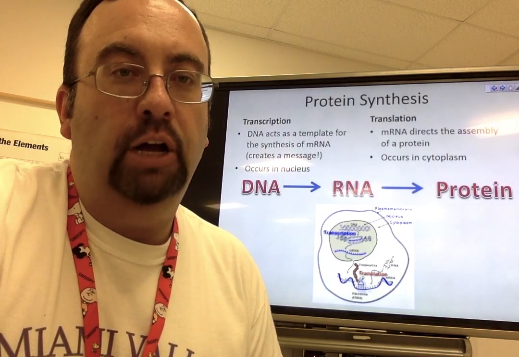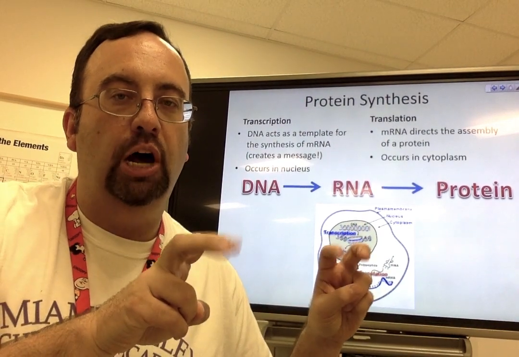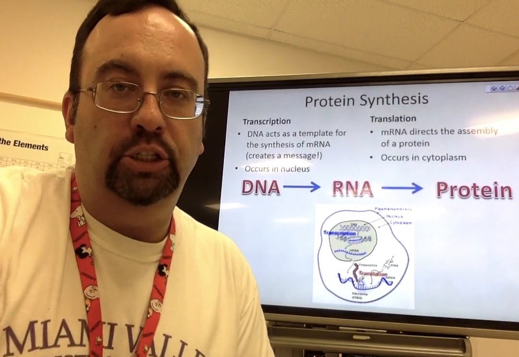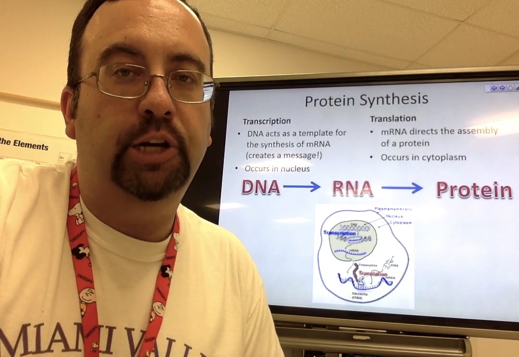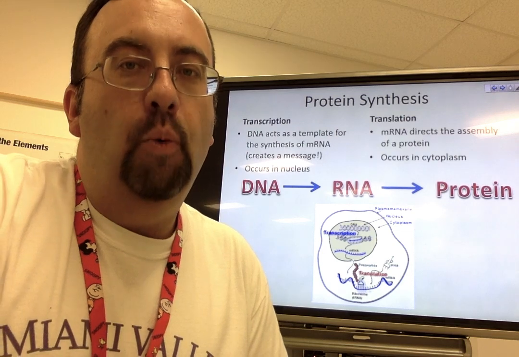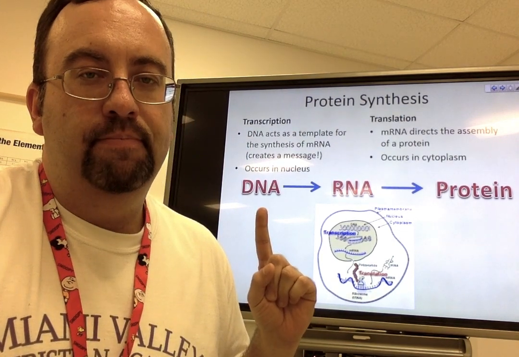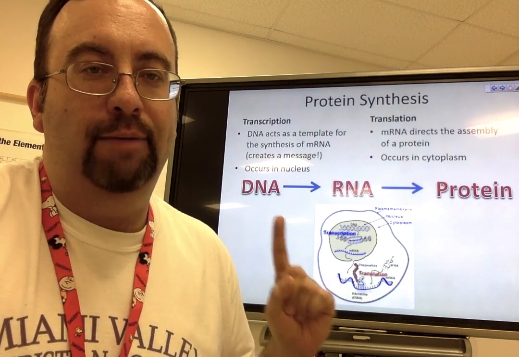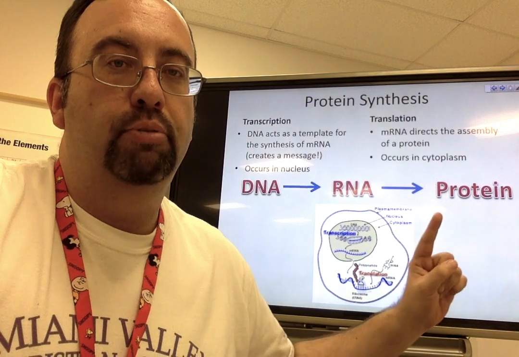I want to now talk a little bit about what is referred to as the central dogma of molecular biology. And so this was first proposed by Francis Crick of Watson and Crick fame. And so what he noted was that you always start with DNA. The DNA is transcribed into RNA, and then the RNA is translated into protein.